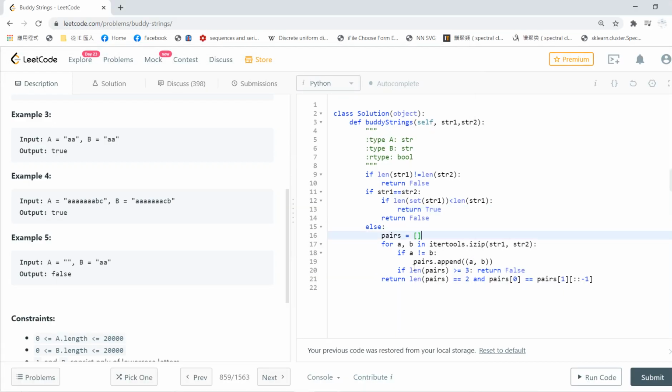If they are not the same, we just append them. If the number of pairs is larger than 2, we return false, because that means they have more than two differences. If they contain exactly two differences, then we check the condition.